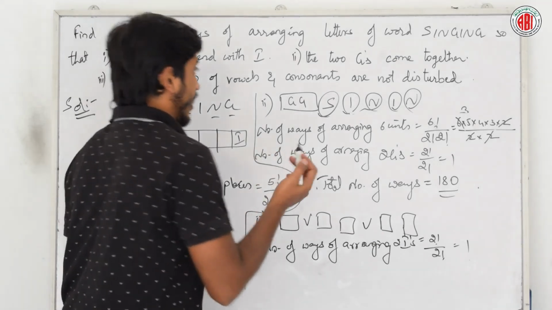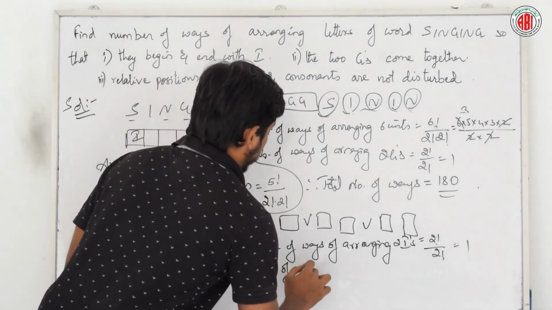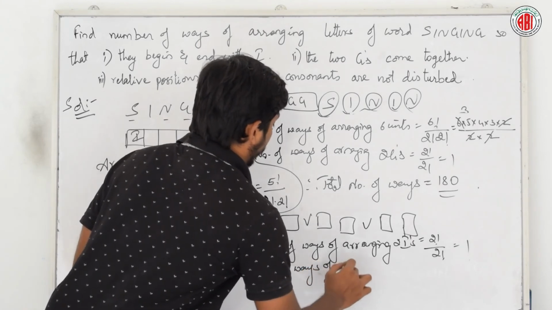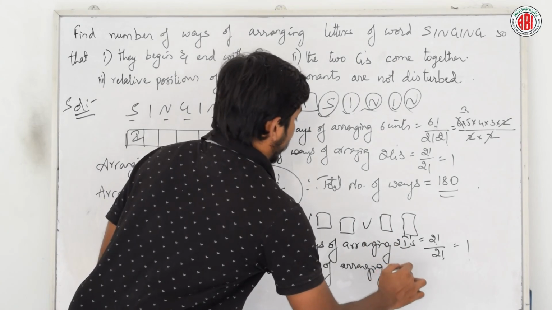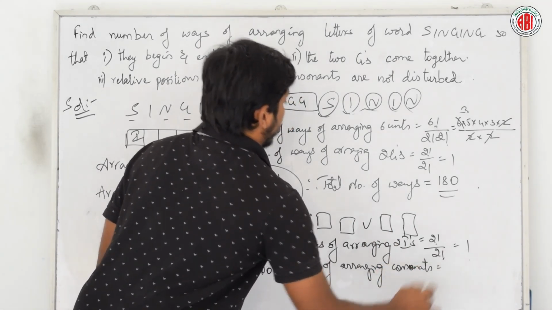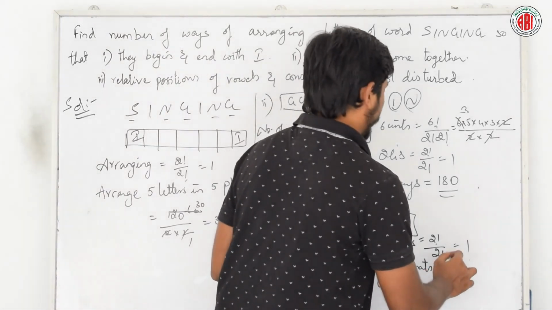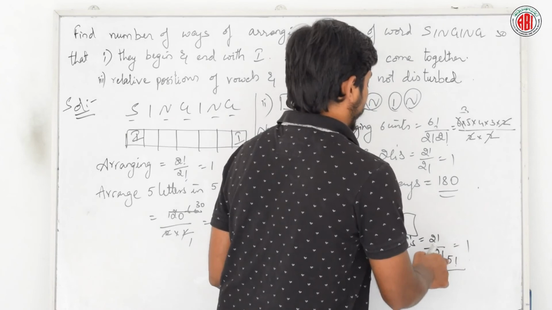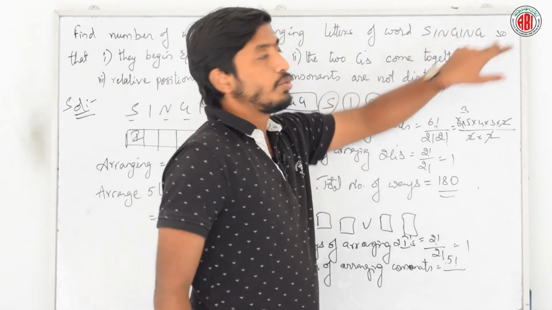Okay, and we'll check what is repeating. The number of ways of arranging consonants, that is 1, 2, 3, 4, 5 elements, and check if something is repeating. What is repeating here? 2 N's and 2 G's.